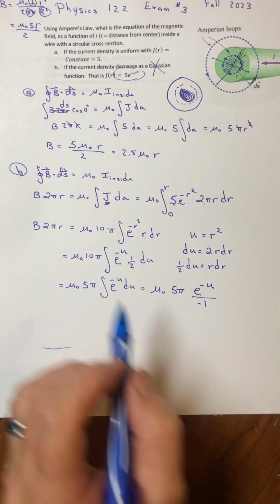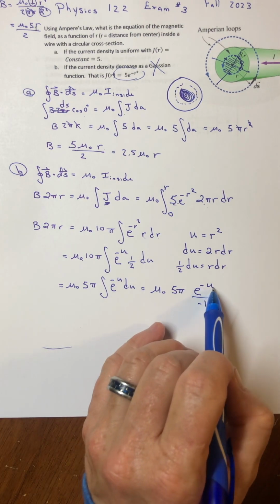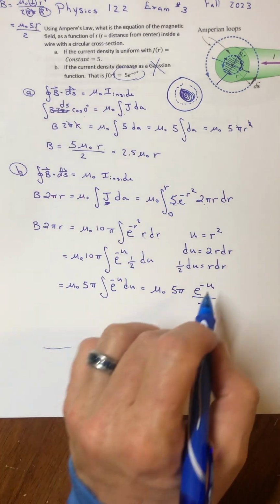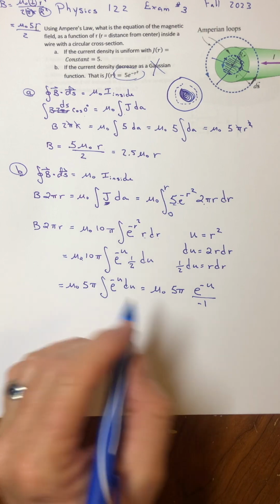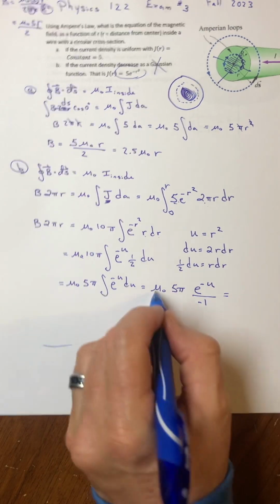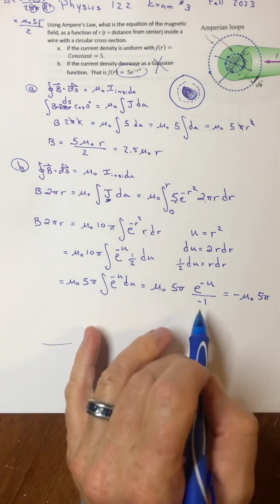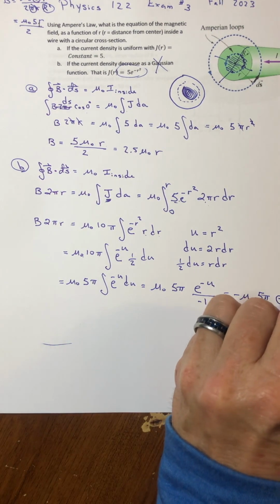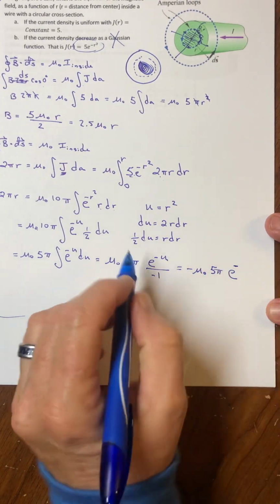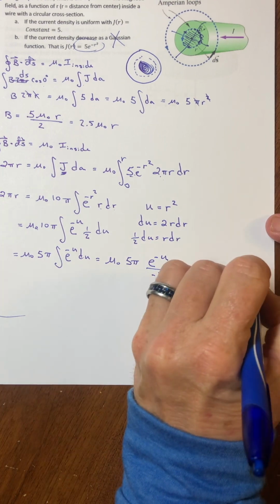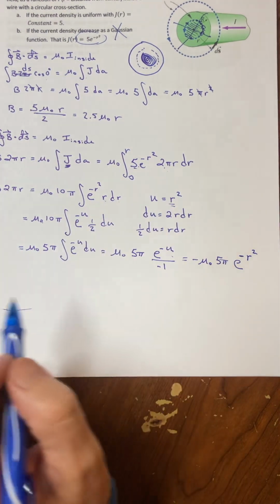I like to double check by taking the derivative of that and seeing if we get back to here. So the derivative of e to the negative u is just e to the negative u, and then the chain rule will give me a negative 1. So that would cancel off. And in fact, maybe I'll just put the negative here for a second. And then I just have an e to the negative u, which I will now switch back to what u is equal to, which is r squared.